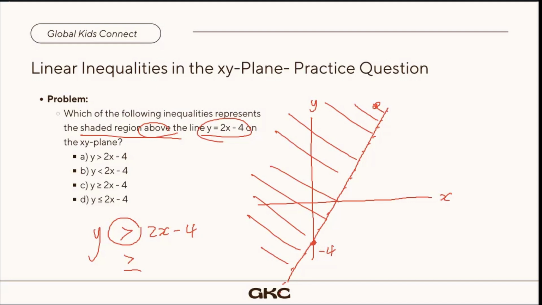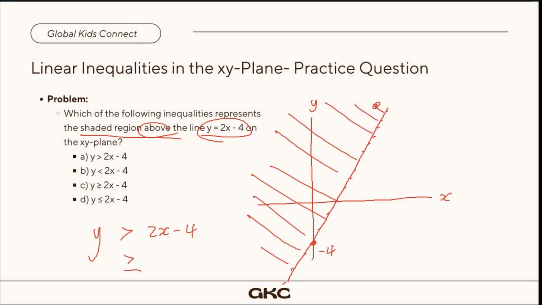When the question deliberately explains that the shaded region also includes the line, then it will be an inequality that has an equal sign. However, if the question only states that the shaded region is above the line, then it is an inequality that does not include the equal sign.